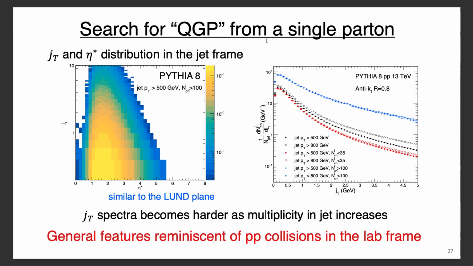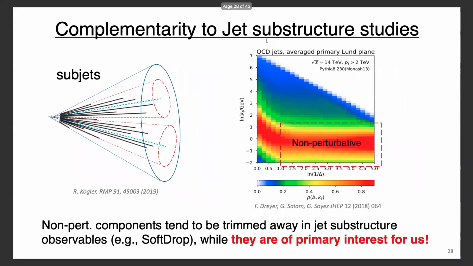This is similar to the so-called Lund plane, if you work on jet substructure. The Lund plane is defined slightly differently, they take a log, but it's similar information, the two-dimensional distribution in the phase space of the constituents of the jets.